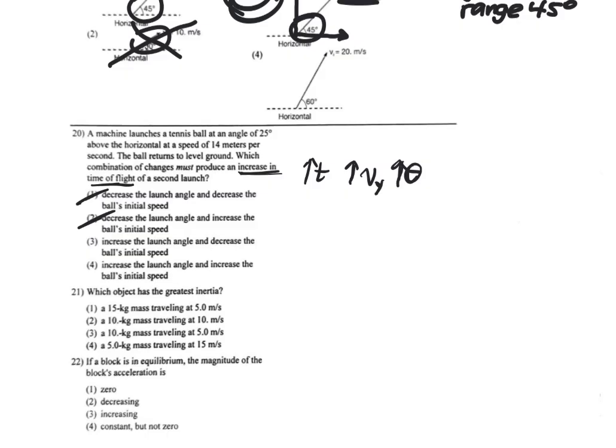Nope. All right, so I have 3 and 4. So I want to have more time, so I increase the angle and decrease the speed, or increase the angle and increase the speed. Increase the speed is going to give me both time and range. It's going to increase both. So I want to increase the launch angle as high as I can and increase the speed to get more time, and that's choice 4.